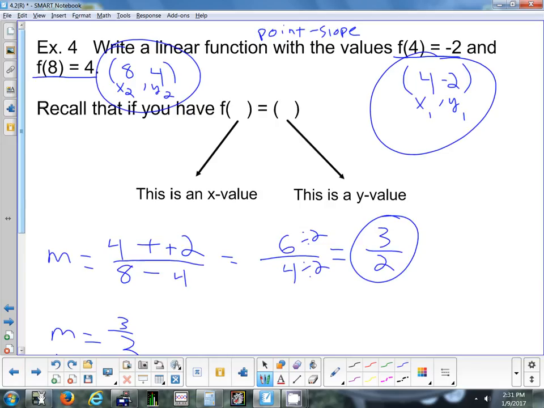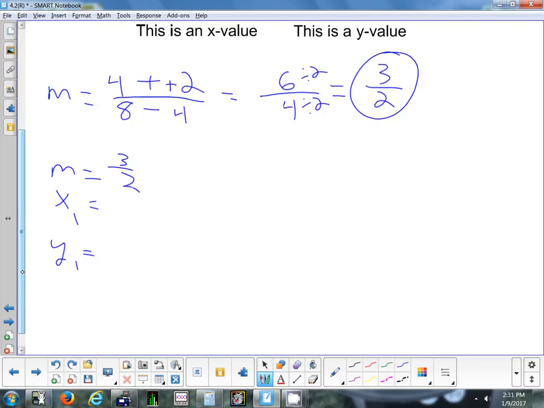Yeah, stick with numbers that are positive. Okay? So that's going to become my 8. And that's going to be my 4. Okay? And you might look back and say, well, wait, that's not what we did before, but it doesn't matter. Just pick one of the x's, pick one of the y's from the same coordinate.